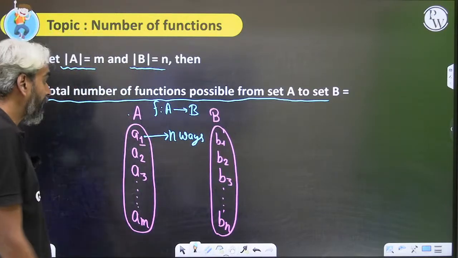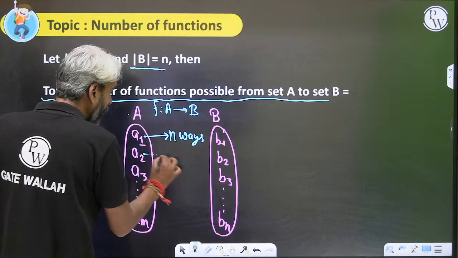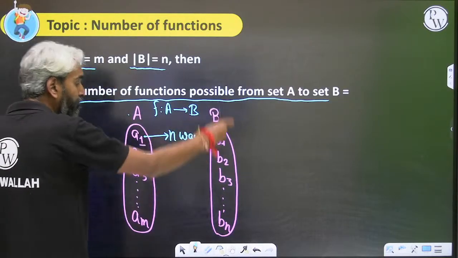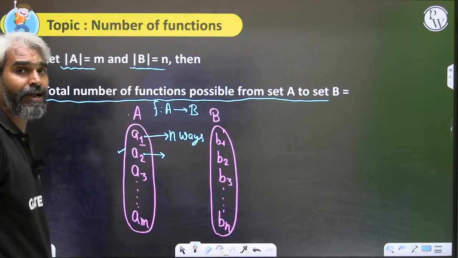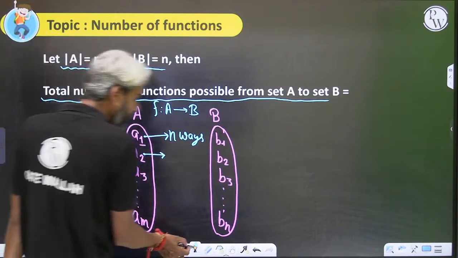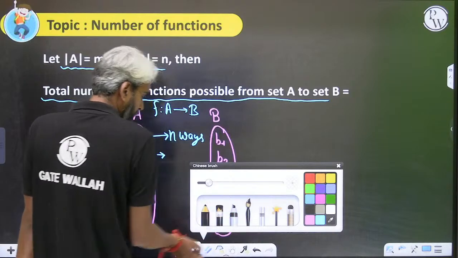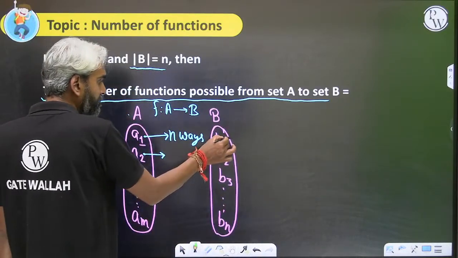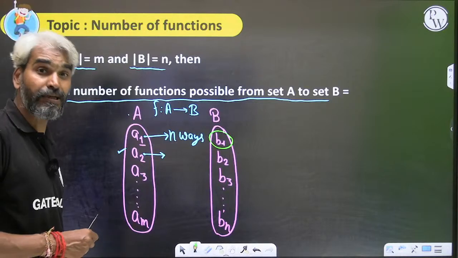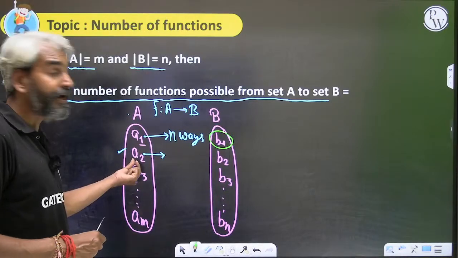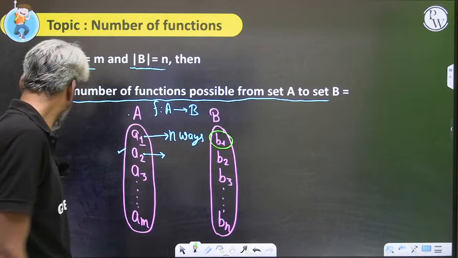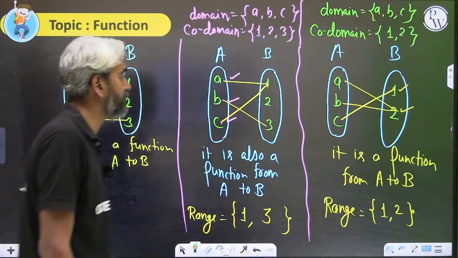Now, if we look at the second element, in how many ways can this second element of the domain map with exactly one element of the codomain? Look at this carefully: if element A1 is mapped with element B1 of set B, is it possible for A2 to map with the same element of the codomain? Yes, it's obviously possible. Let's go back to the definition.